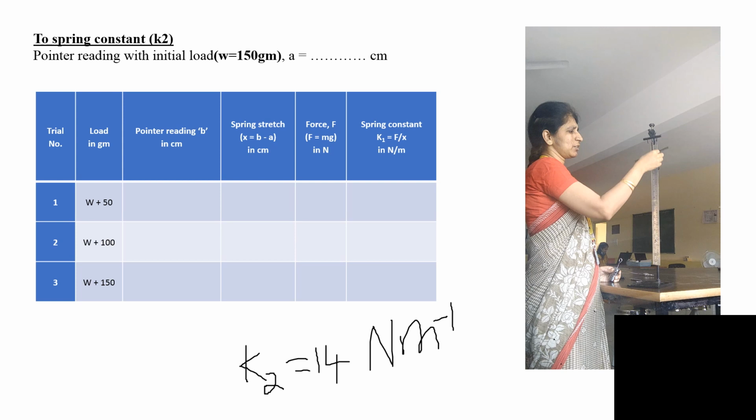As we have a similar type of spring of the same material, the K2 value will also be nearly the same as that of K1. You need to perform the experiment and write the values. It's a repetition of spring number 1. Similarly, you have to carry it out for spring 2.